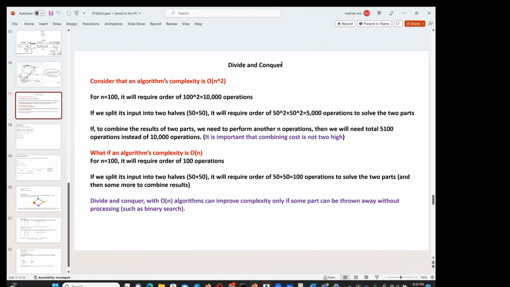Anyone? Yes. Okay, give me just any example of divide and conquer. If you have heard this term anywhere, it doesn't need to be in math or science, anywhere. Have you heard this term?